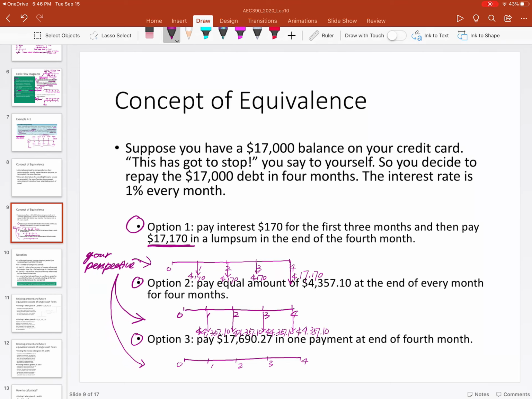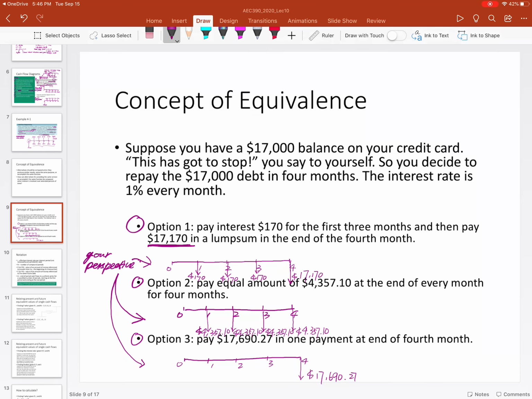You'd pay nothing in the 1st month, 2nd month, 3rd month, but you have to pay a lot at the end of the 4th month. So that's a long arrowhead going downward. And the amount is $17,690.27 US dollars.